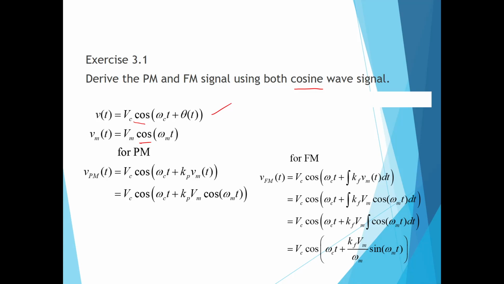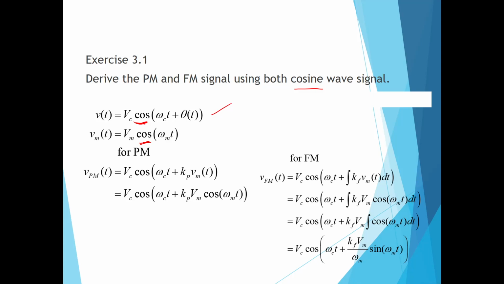Normally, even in the exam, when we give cos for the general equation, we also use cos for the modulating signal, so it is easy for you to do the calculation. Normally we give the question either sine and sine or cos and cos. Doesn't matter. Previously we have seen cos, sine and sine. Now we want to see cos and cos, just slightly different.